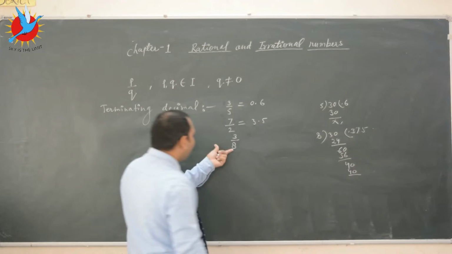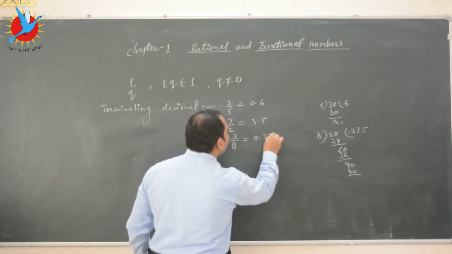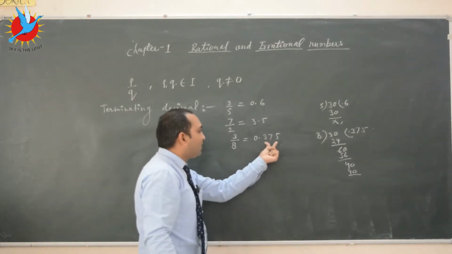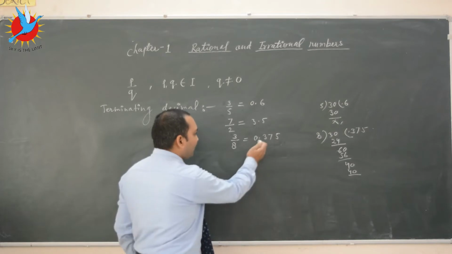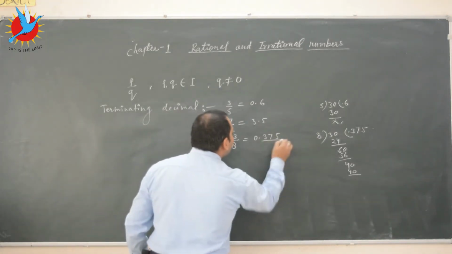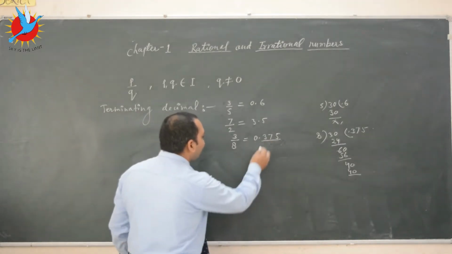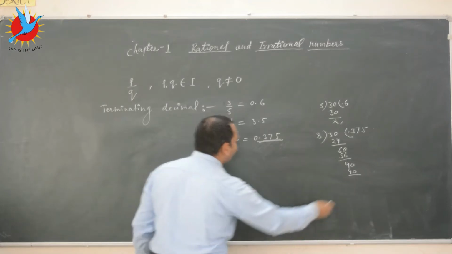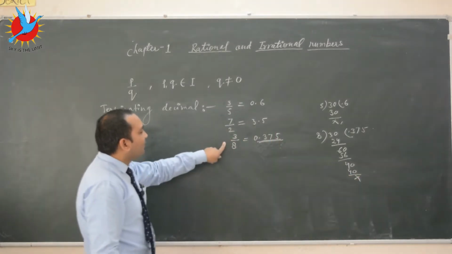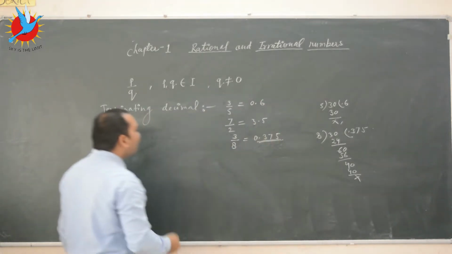So the decimal form of 3/8 is 0.375. After 3 decimal places it terminates, meaning the remainder becomes 0. This type of decimal is called a terminating decimal.